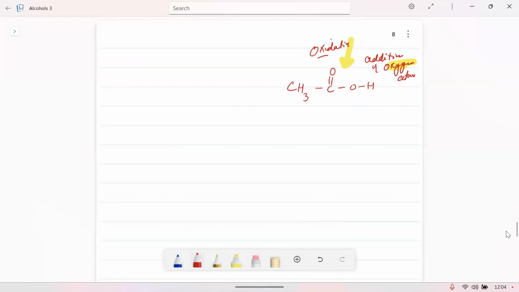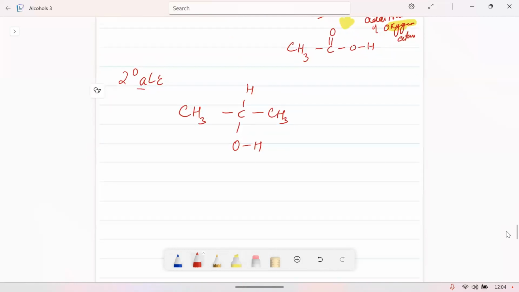Now, when you look at the secondary alcohol, this is your secondary alcohol and its name is propan-2-ol. When this is oxidized, as I told you, you need to focus on the carbon that carries the OH group.